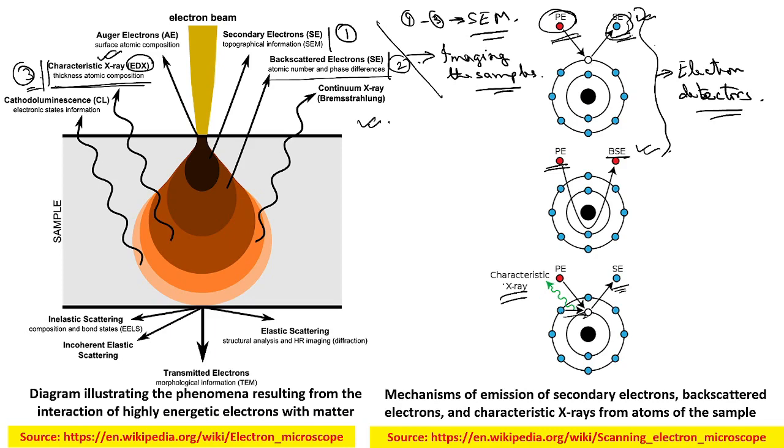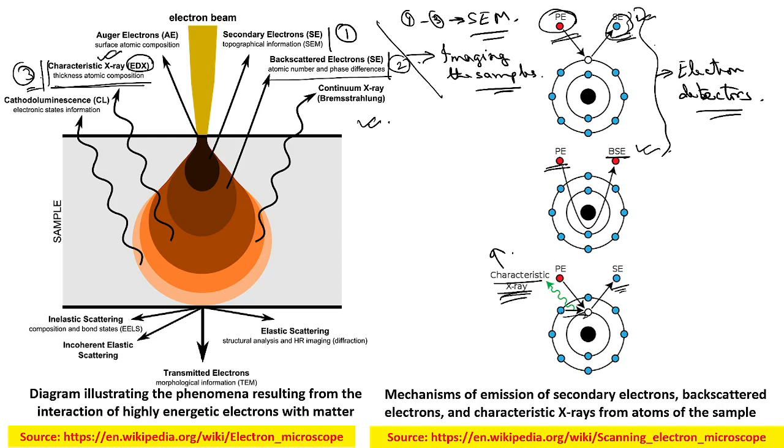They lose energy by releasing X-rays, and these X-ray beams that are generated are characteristic for a particular atom. Okay, so in scanning electron microscopy, you will get both the image and the X-ray information.